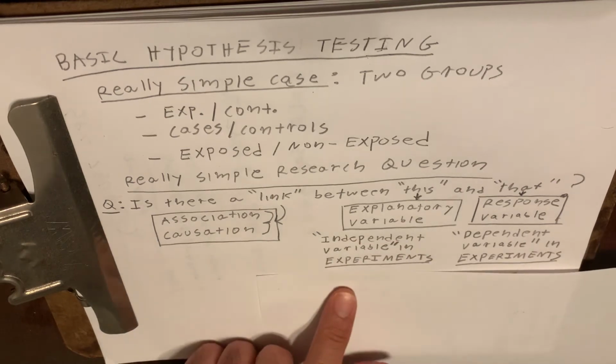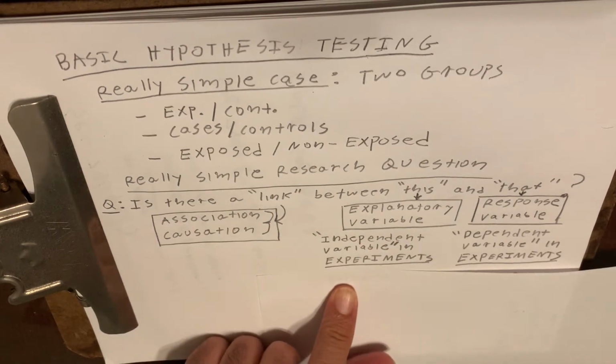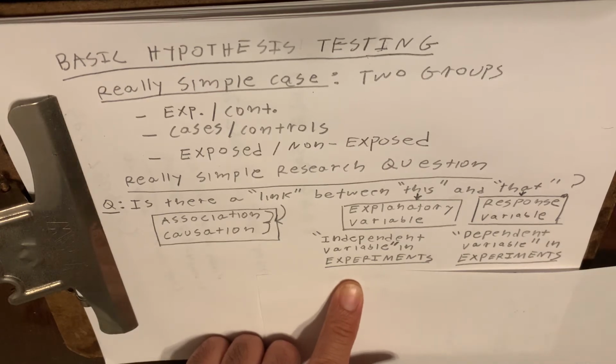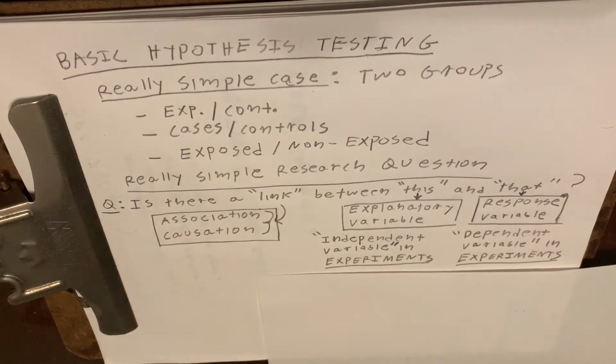Now, the explanatory variable is sometimes called an independent variable, but only in experiments, designed experiments. And that's a situation where the experimenter actually manipulates the subjects in various ways. And it's not proper to use the term independent variable in an observational study where there's no experimentation done. The same thing with the dependent variable.